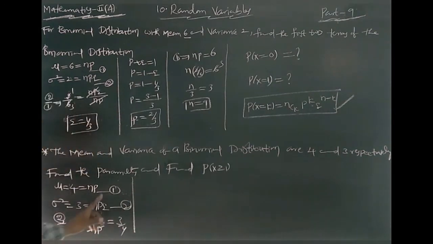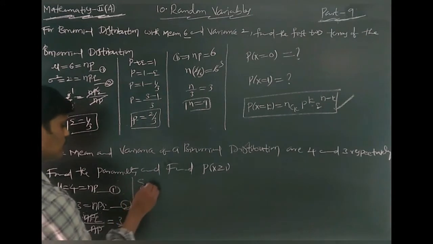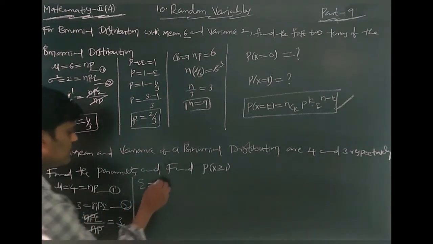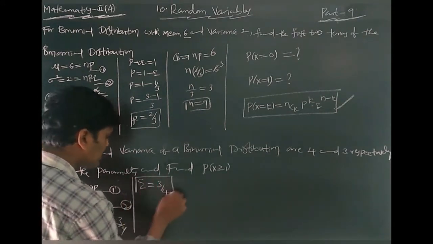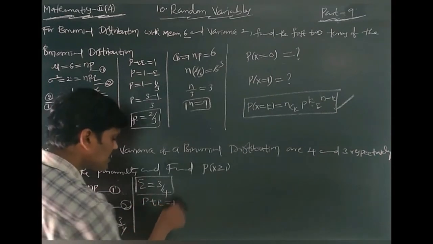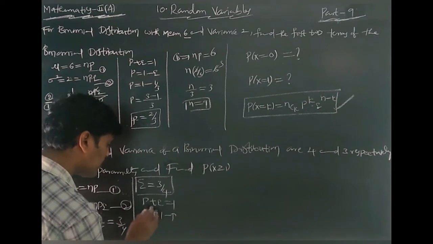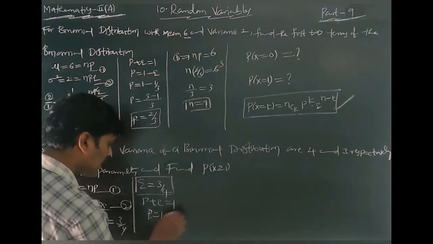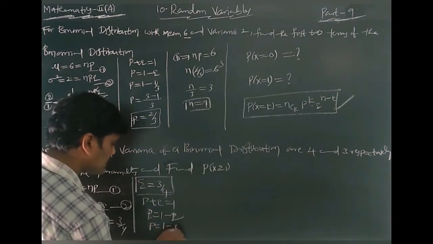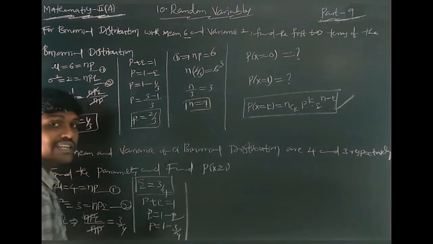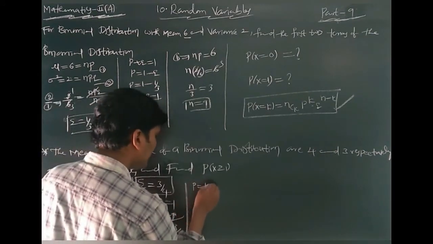After that, you can write how much? q is equal to 3 by 4. After that, p plus q is equal to 1. Then p is equal to 1 minus q, which is 1 minus 3 by 4. You get 4 minus 3 by 4, which is 1 by 4. This is the p value, 1 by 4.